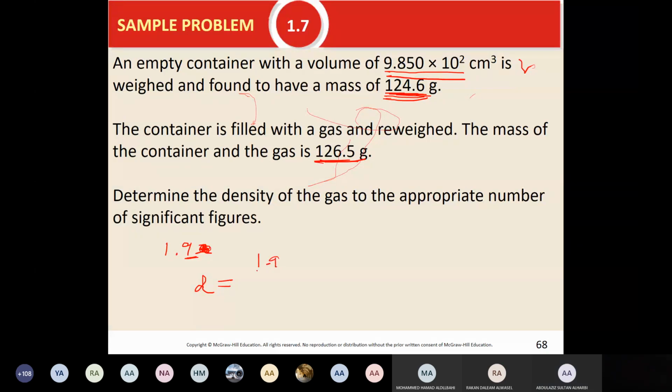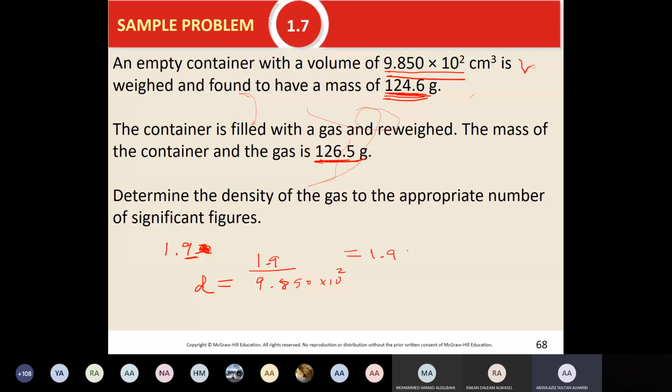Divide 1.9 by what? The volume. It is 9.850 times 10 to the power 2. And you should have the answer. 1.9 what?